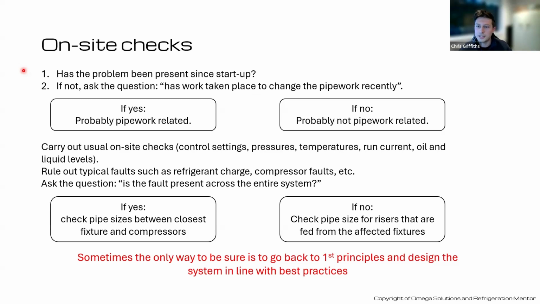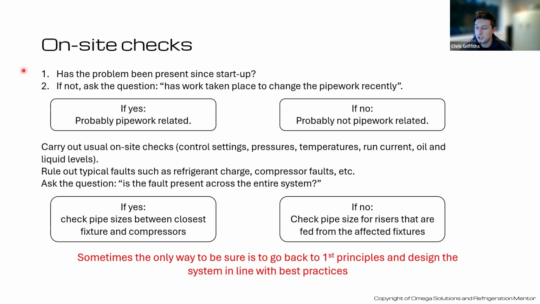As with any fault finding, you try to break one large piece down into smaller sections until you find either that it is the issue or you can rule it out. So again, ask yourself questions. If yes, check the pipe sizes between the closest fixture and the compressors. If not, check the pipe sizes on just those fixtures which aren't achieving temperature.